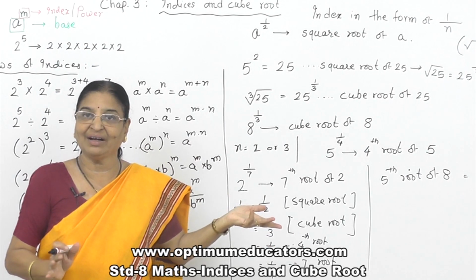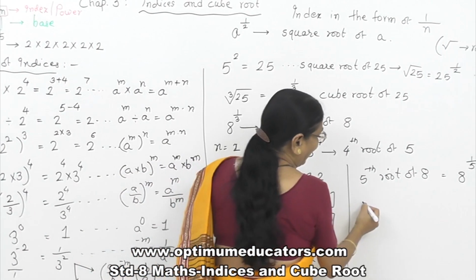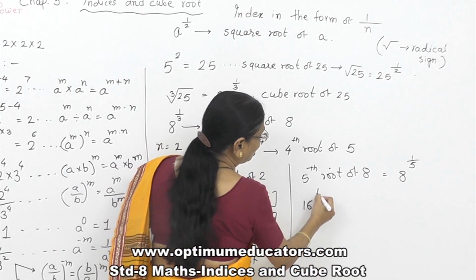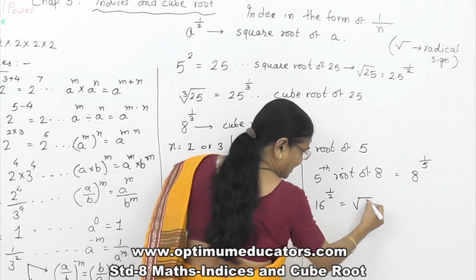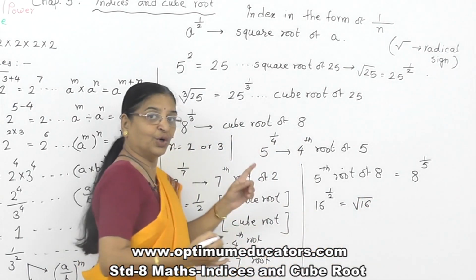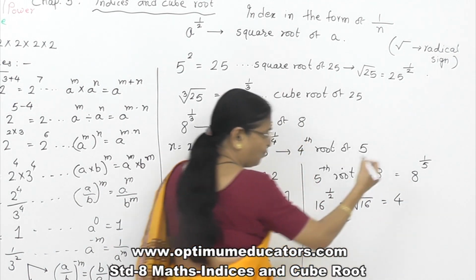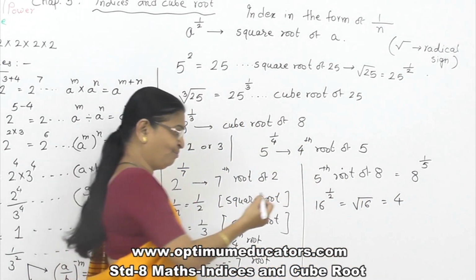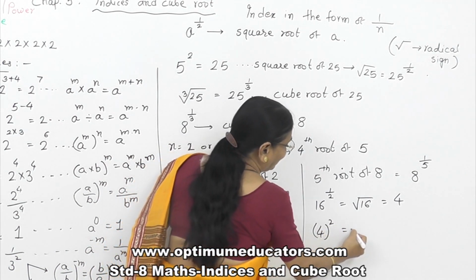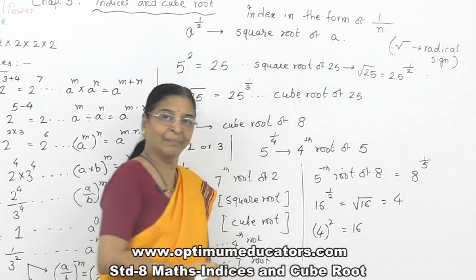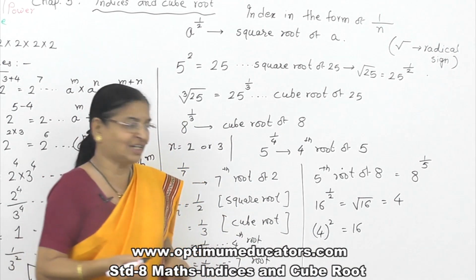Square root we have learned in the last year, and you remember that if I write 16 raised to half, that is, I will convert it with the radical sign, square root of 16, and I know it is 4. Why 4? Because I know when 4 is squared, it will give you 16. But is 4 the only number whose square is 16?